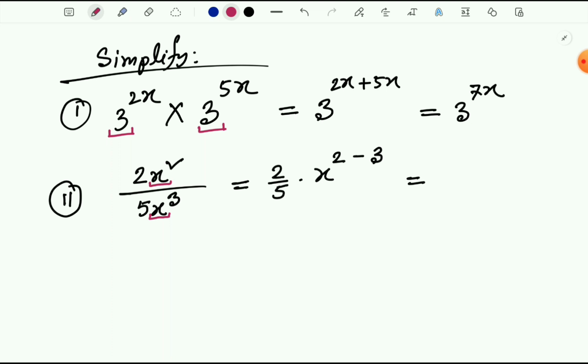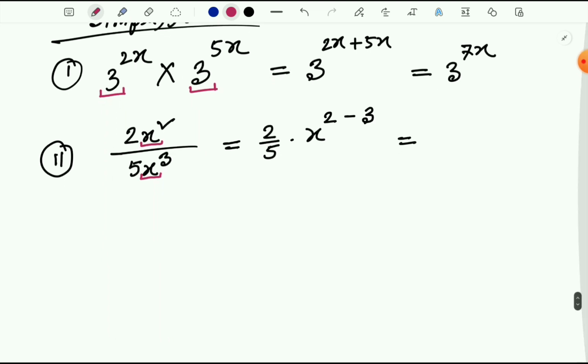We'll do more mathematical problems in future, just remember this here. So we can simply write 2 divided by 5, x inverse. If we simplify further, 2 over 5x, this is our answer after simplification.